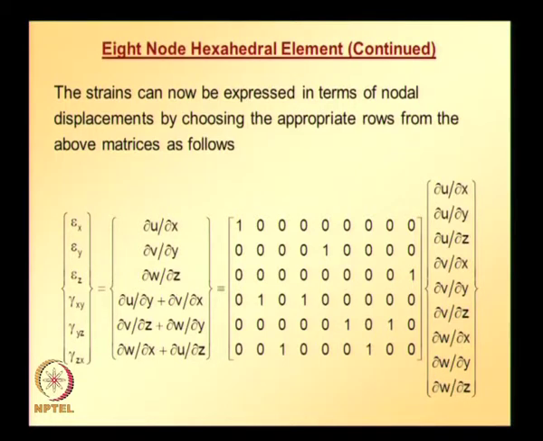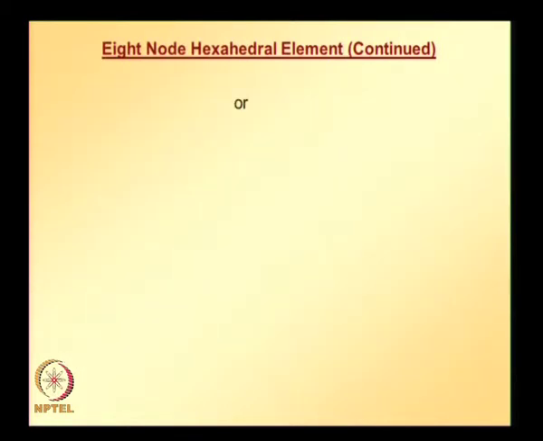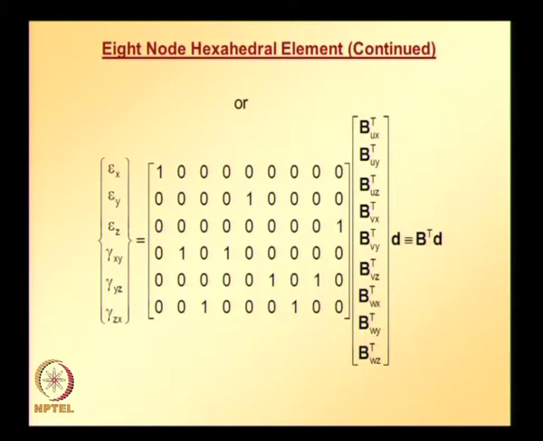This entire vector can be written or rearranged in the manner that is shown on the right hand side of the equation. Once we have the right hand side, we can replace that with appropriate rows in the equations that we have already derived in terms of b's: bux, buy, buz, bvx, bvy, bvz, bwx, bwy, bwz, in this manner, which can be compactly written as B transpose D, where B is the strain displacement matrix.